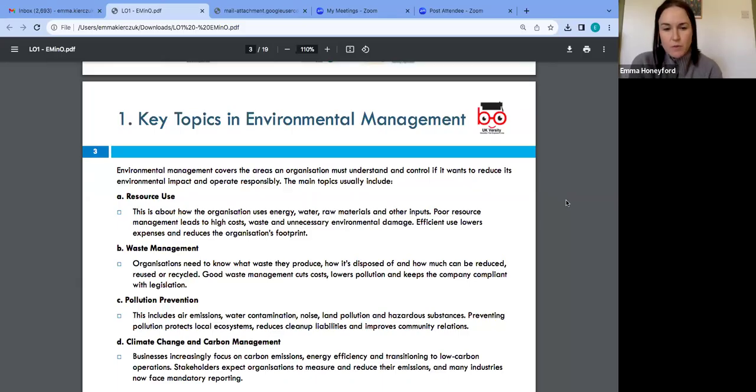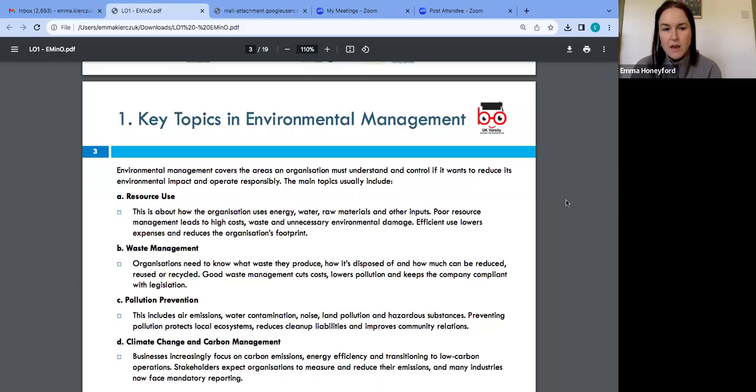It reduces cleanup liabilities and improves community relations. So obviously, it isn't just about the environmental impacts; it's the community impact also. If you have an organisation that is operating in a local community and is having a negative impact, that isn't good for reputation or community relationships. So that's why it is important as well.